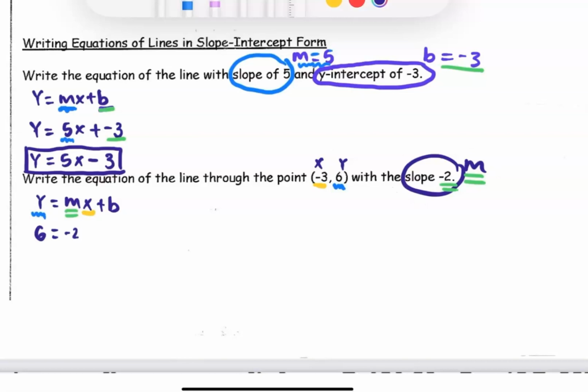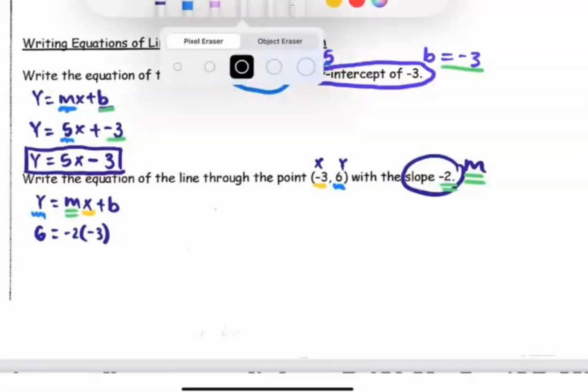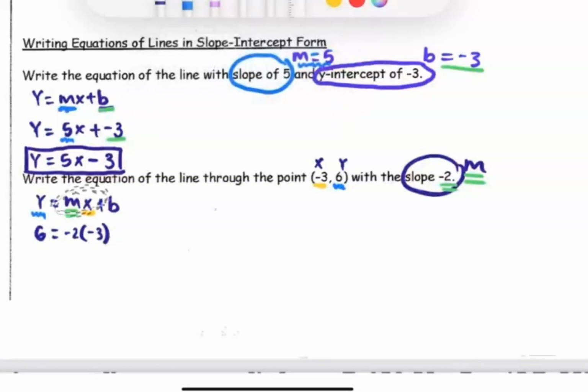Instead of saying x, I'm going to go ahead and plug in this number for x, which is a -3. So if I put in a -3, I have to put in parentheses. Why? Because if m and x are together, you need to keep them together with parentheses. Then we have a plus, and b, we do not know what b is. We actually need to find it.